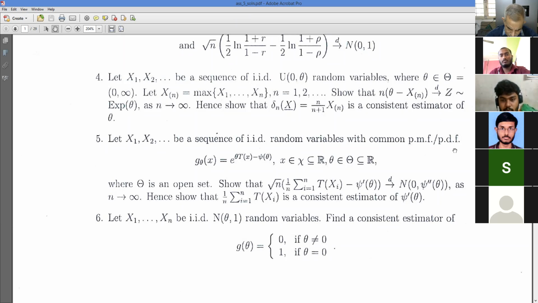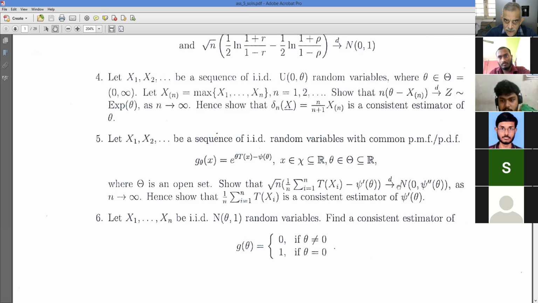And you proved a theorem that if xn is consistent for theta, and if the limit as n tends to infinity of an is 1, then an xn is also consistent for theta. So you can use it. The only thing is, if you look at the problem, I have shown that first you show this, and using this you show that it is consistent. So your solution is correct if you only have to show consistency.